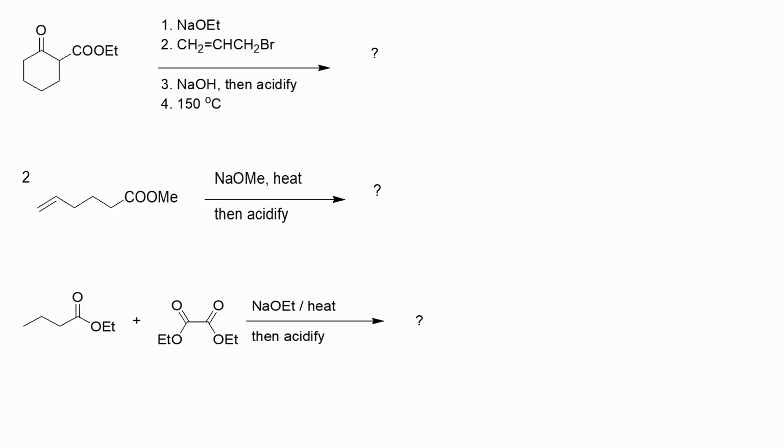Okay, this is a sequential alkylation problem. This sequence of reactions is what we call kind of a package reaction. You see these reactions done in sequence quite frequently. And this is known as the acetoacetic ester synthesis.